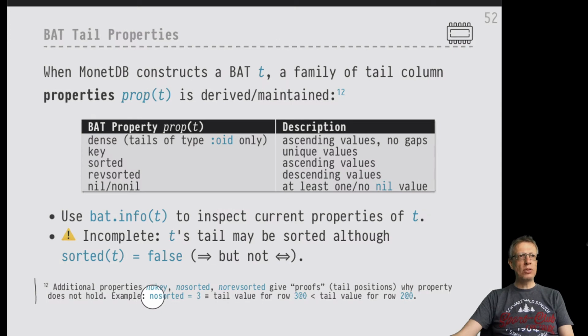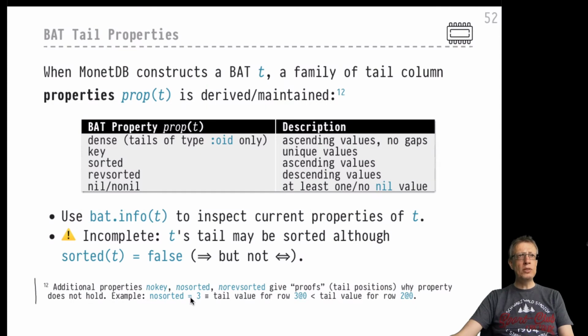If you ever see, and I think we will see this in the example in a minute, the no sorted property that has been assigned the value 3, then this means that at offset 3 in the BAT, there is a row whose tail value is less than the value just in front of it.